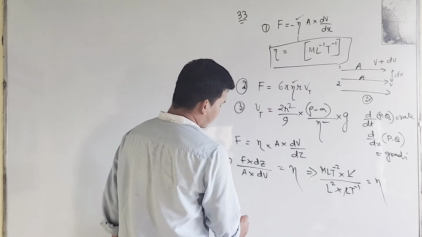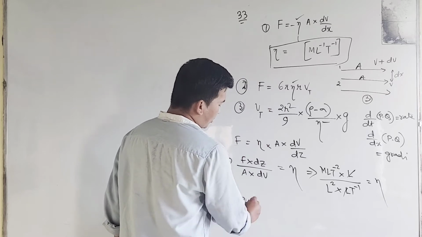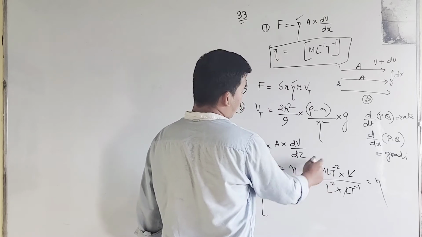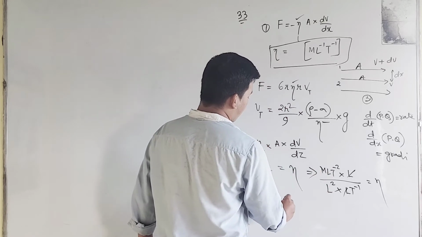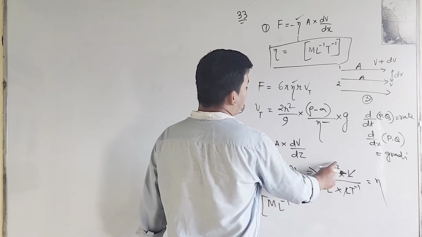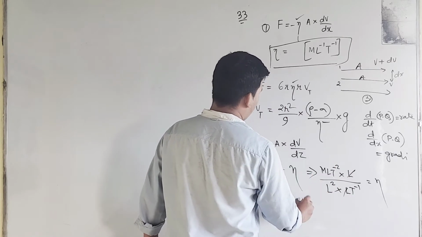The coefficient of viscosity is equal to, if L square is taken upside, M L inverse 1, and if T is taken upside, this will become plus 1 and minus 2, so it will be T to the power minus 1.